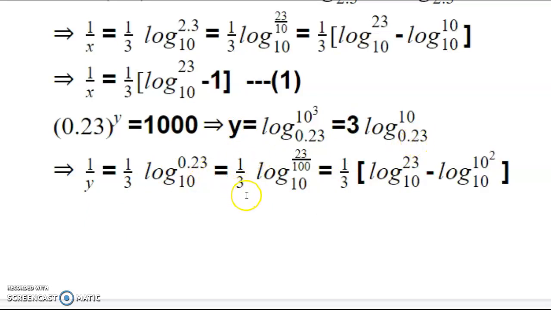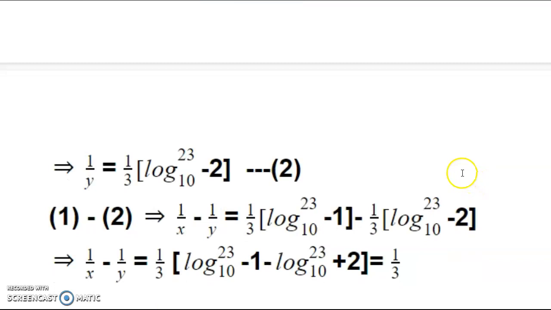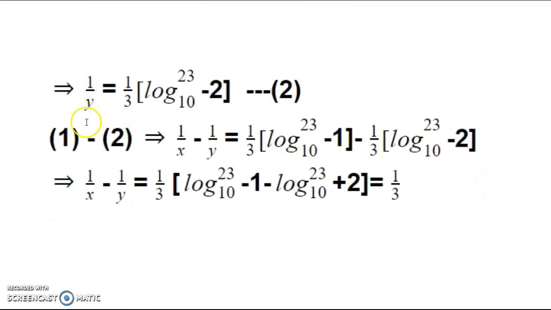That is equal to 1 by 3 into log of 0.23, which can be written as 23 by 100. That is equal to 1 by 3 into log of 23 base 10 minus log of 10 square base 10. So it becomes 1 by y is equal to 1 by 3 into log of 23 base 10 minus 2.